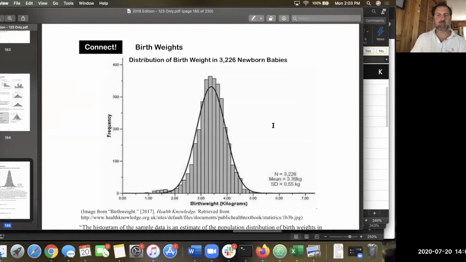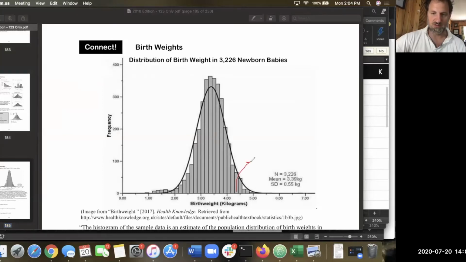The second thing about the histogram is not as obvious, which is that these bars should be a range of numbers. In my histogram that I showed you, I gave the range for each bar. Here they've labeled the axis differently, and it's a little harder to tell, but we can work it out mathematically.